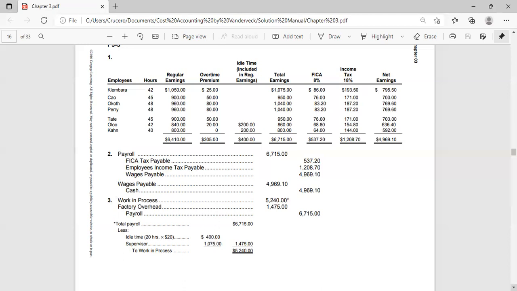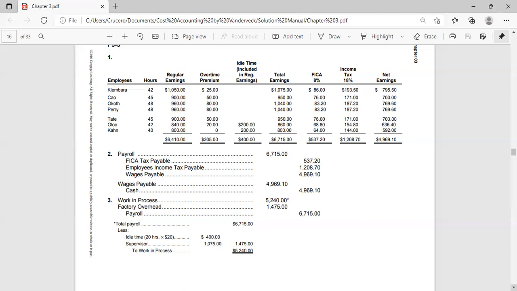Perry, 80 as well. Then for Tate, we have 45 minus 40, 5 times 10 equals 50. And then for Ulo, that's equal to 42 minus 40, so you still have 2 hours overtime. 2 multiplied by 10, the overtime premium rate, so you now get 20.